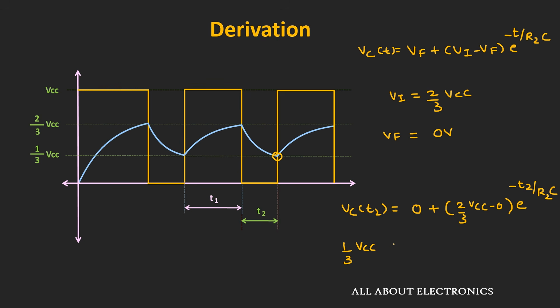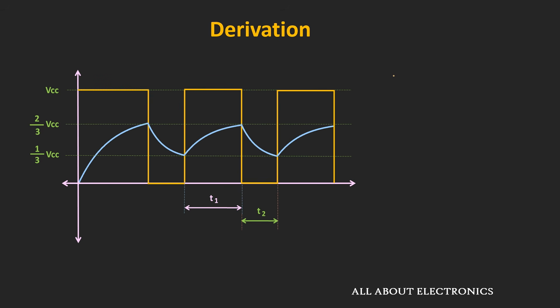So we can write this expression as 1 by 3 VCC is equal to 2 by 3 VCC times e to the power of minus T2 divided by R2 times C. And if we further simplify it, then we can write it as 1 by 2 is equal to e to the power of minus T2 divided by R2 times C.